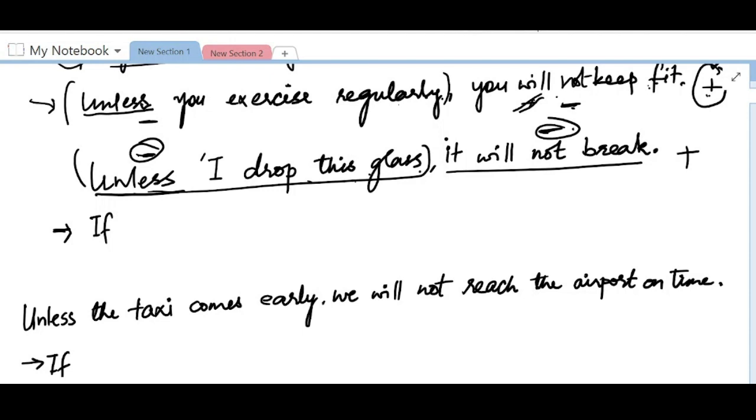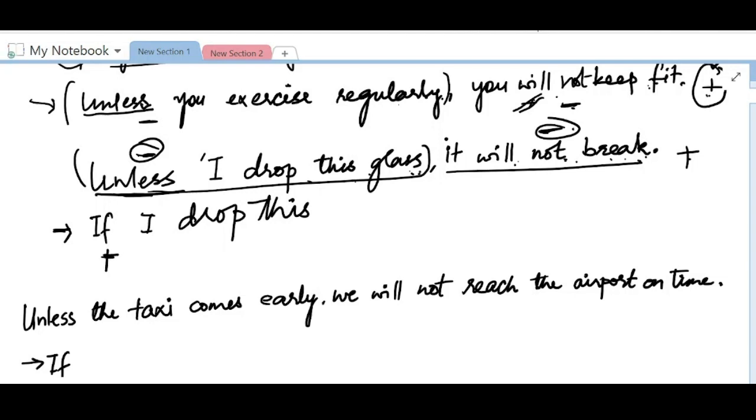Unless I drop this glass, it will not break. जब तक मैं इसको गिराती नहीं हूँ या गिराता नहीं हूँ, ये नहीं टूटेगा. So it will not break. So minus minus plus. Now I'm supposed to use if. Can you do it? Just take a minute and do it in your notebooks, and then you can check it with my answer. Unless I drop this glass, it will not break. If I drop this glass: now what I have done, I have removed the negative word from here.